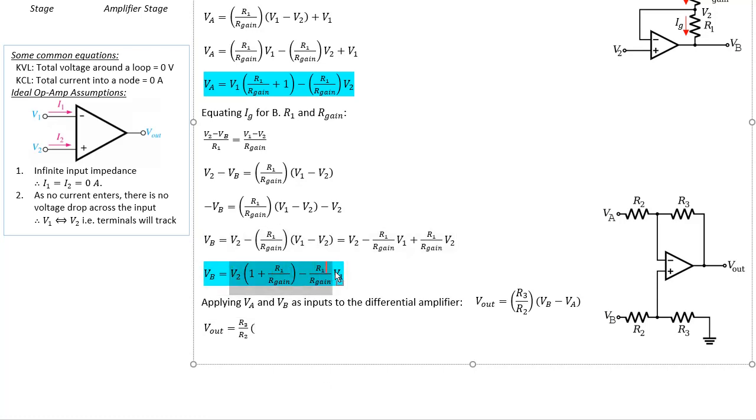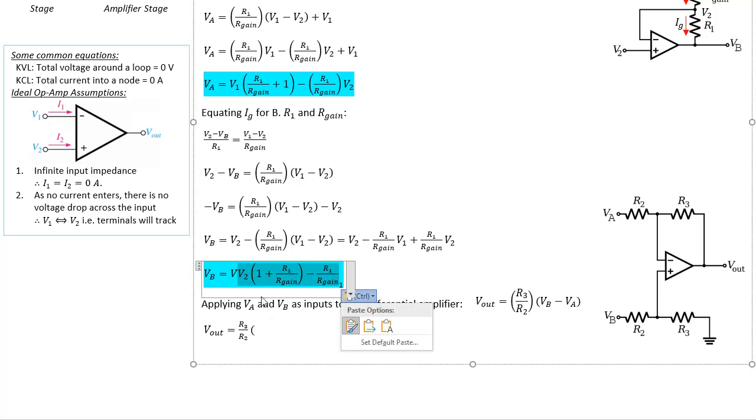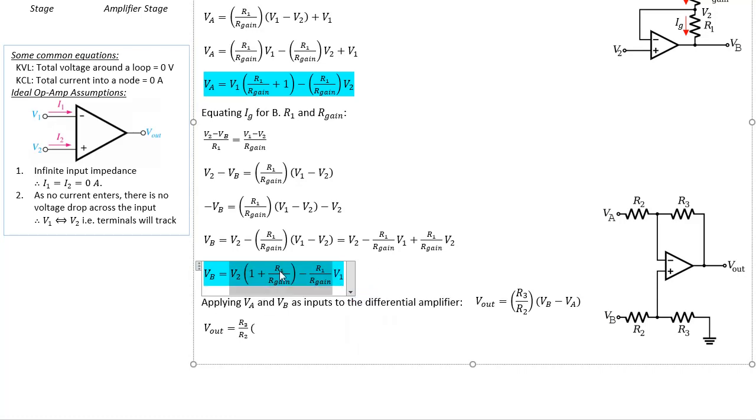So I'm going to copy that. That's our VB, and then minus VA. Now VA, I'm going to put in brackets because there's a minus in front of it. So minus VA, that's this term here.